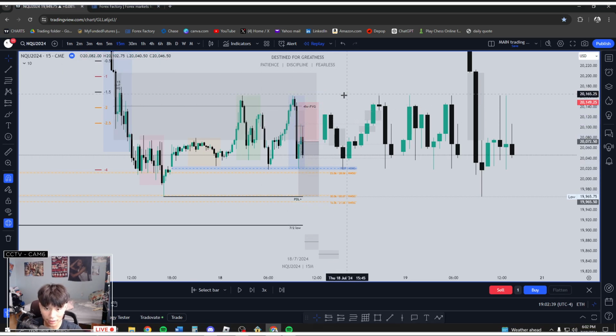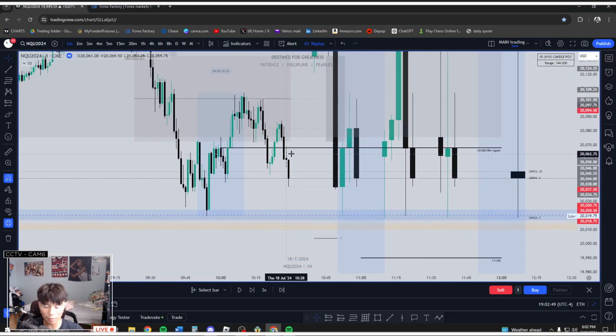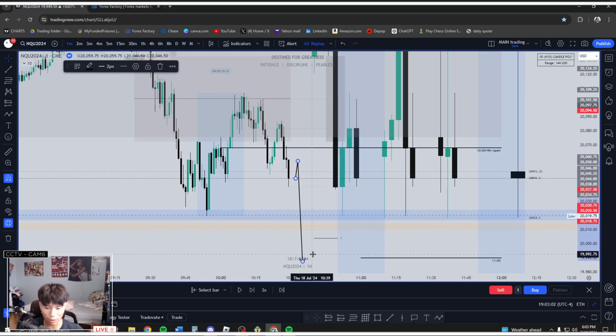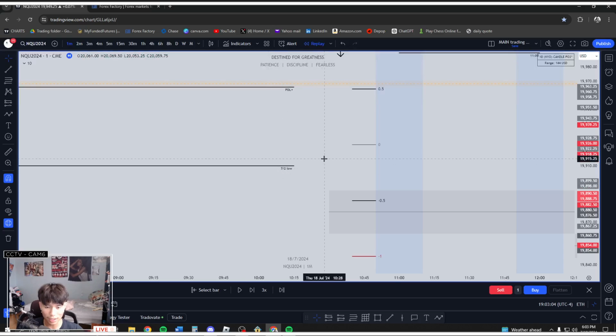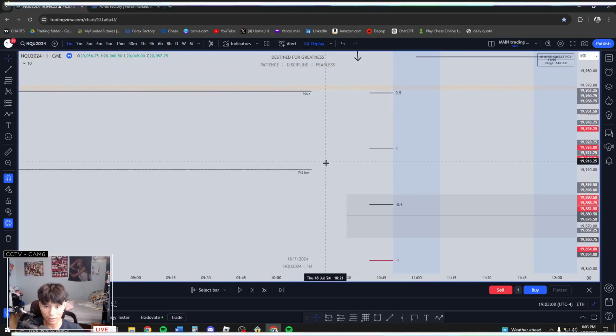So after seeing this move down away from the 15-minute fair value gap, based on this 15-minute power of 3 here, I wanted to see us trade back inside a 1-minute or 2-minute or 3-minute or 4-minute or 5-minute FVG. So we close on this 15-minute fair value gap, correct? I wanted to see us do something like this and then continue lower to attack previous day low, such as previous day low, July 2nd's low, July 1st's low.